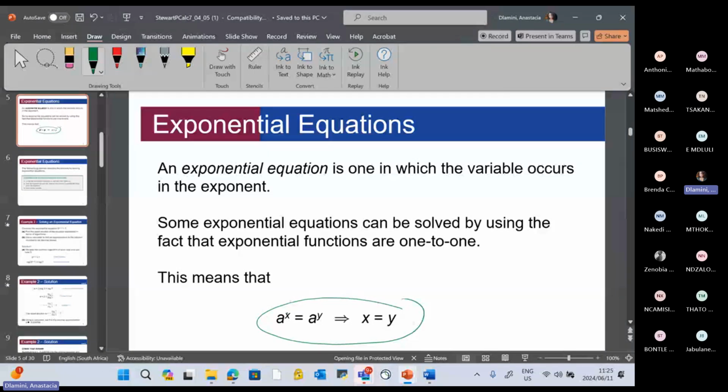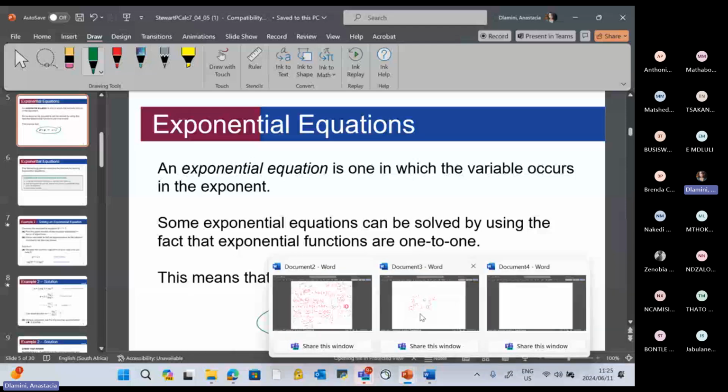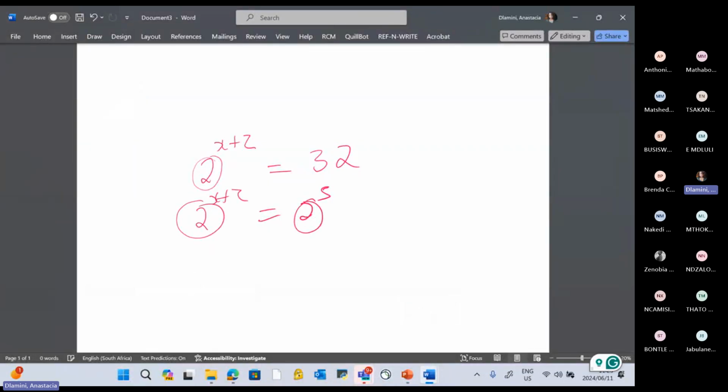And we also learned from our exponential functions in grade 10 that because this is a base of 2 and this is a base of 2, these parts have to be equal. So then x plus 2 is equals to 5. Therefore x is equals to 5 minus 2, then x is equals to 3. Are we all together there? That's how we used to do it in grade 10, isn't it?